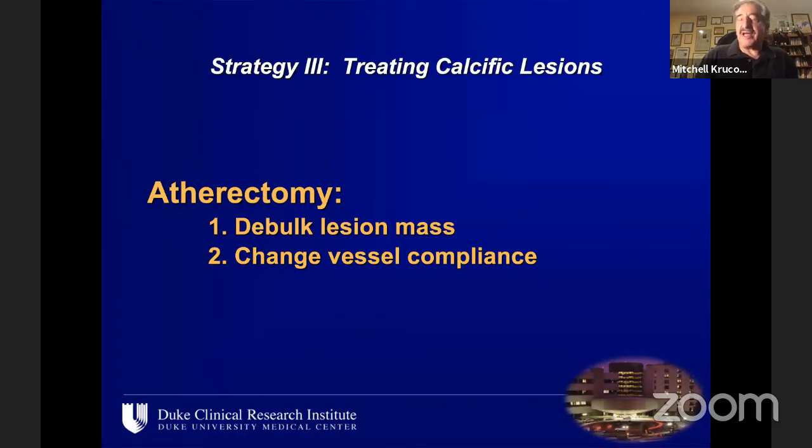But clearly, in a simple-minded way of thinking, which is my way of thinking, the one tool that allows me to both debulk lesion mass with selective control and to change vessel compliance by debulking calcific mass is atherectomy.